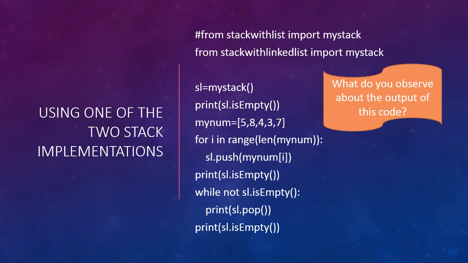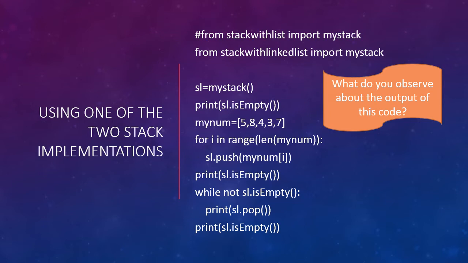You must have noticed that the functions that I coded in both the files were exactly the same and had the same list of arguments. So when I am using any of the two classes that I have implemented, I don't have to change the code that I am writing. I simply have to comment one of the two lines at the very beginning.